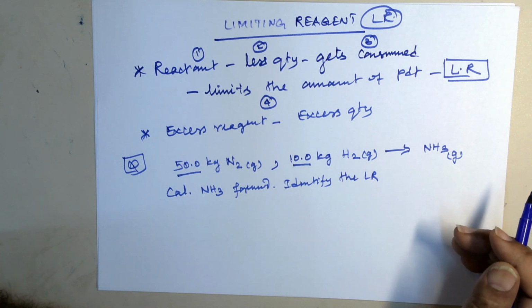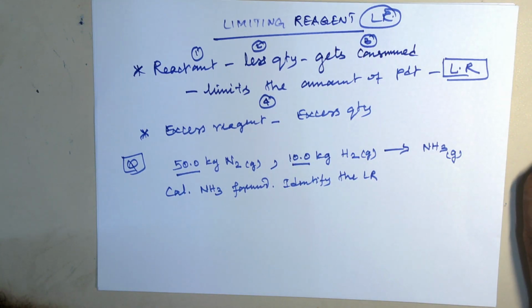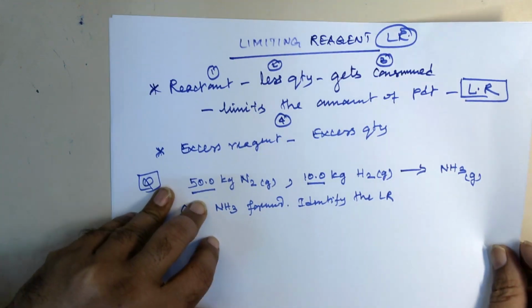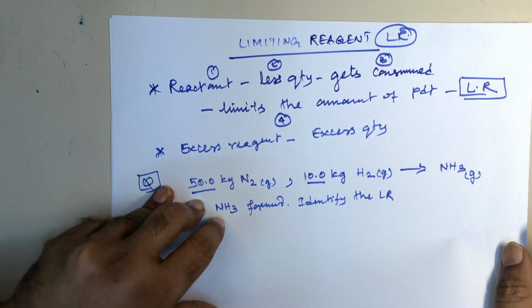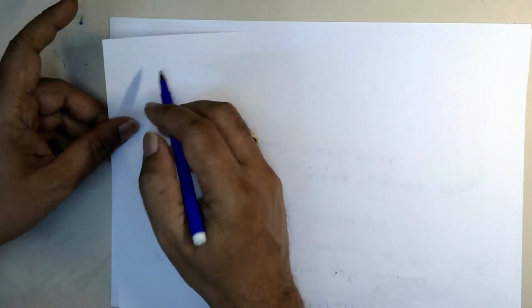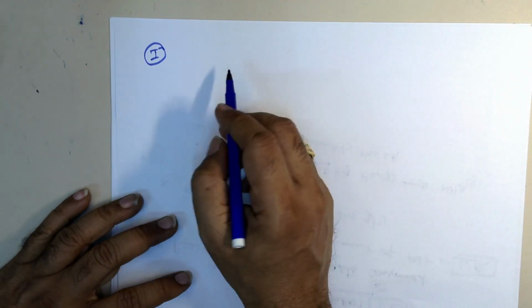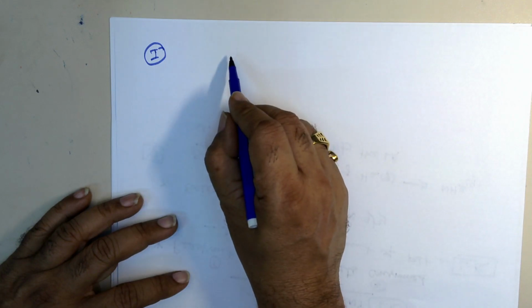Now let us go step by step. Actually, we have four important steps. You have to note down all four. The first step is to write down the balanced reaction. Take down step one. Can you suggest a balanced chemical reaction for this? First, write down the reaction.